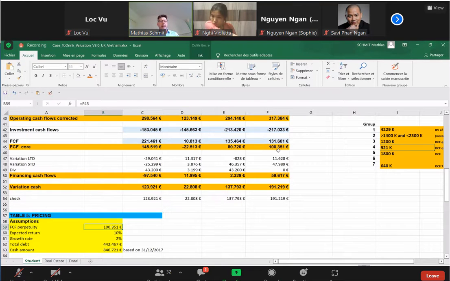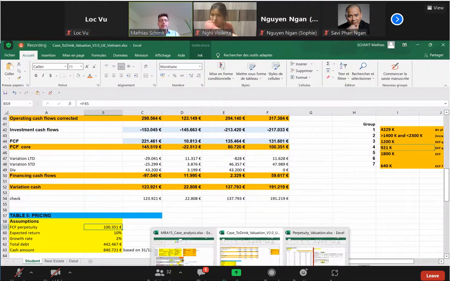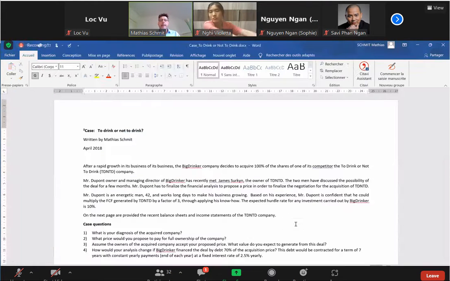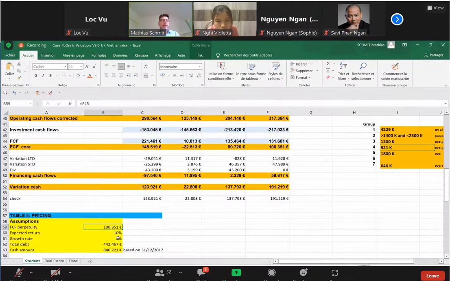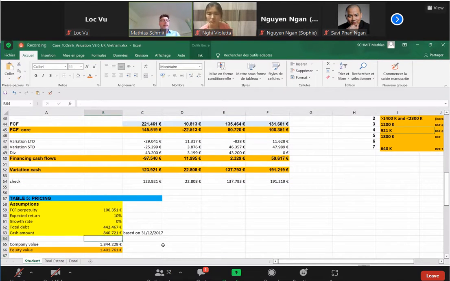And what was mentioned in the case, I have it here. It was mentioned that we expect... Let's start with a zero growth rate.